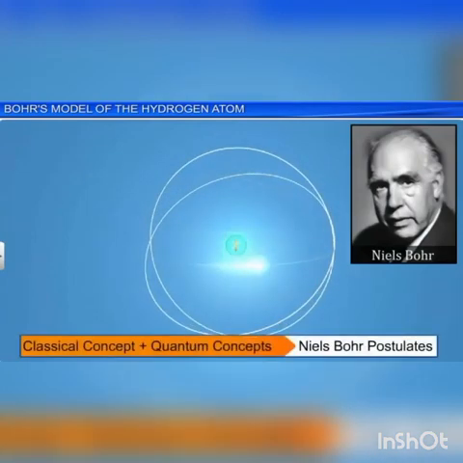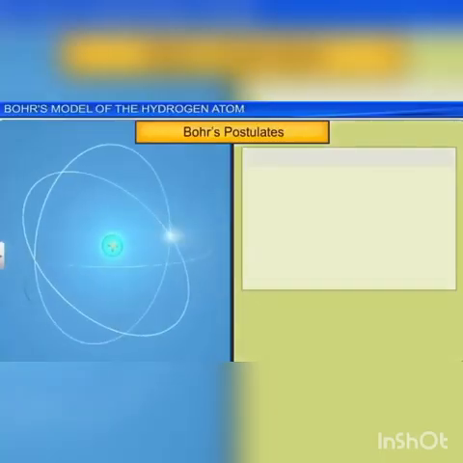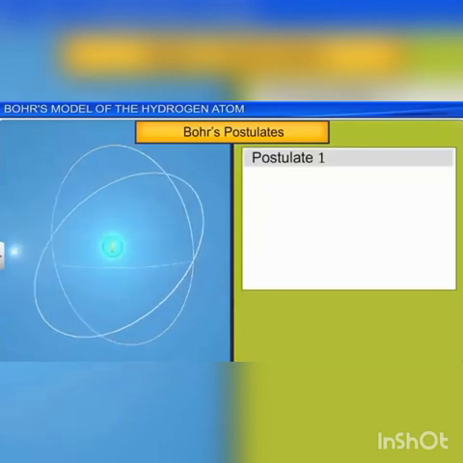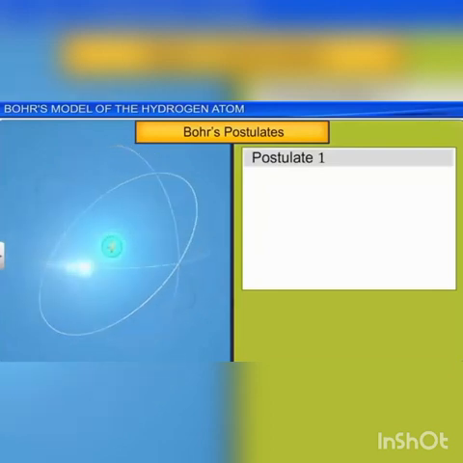He combined the concepts of the classical and quantum theories to form the basis of his three postulates of an atomic model. According to the first postulate, an electron in an atom could revolve in certain stable orbits without losing energy continuously.